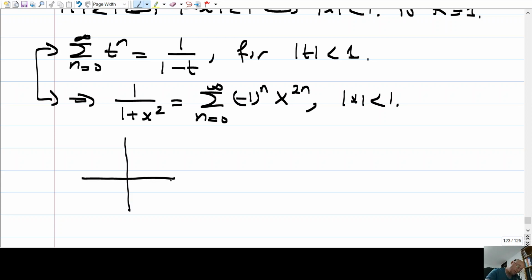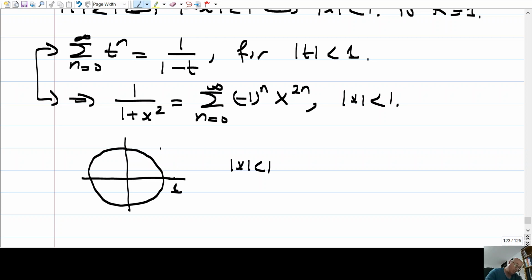Why is that? So if x is a complex number, then this is convergent for x less than or equal to 1 in absolute value. Radius of convergence is 1.